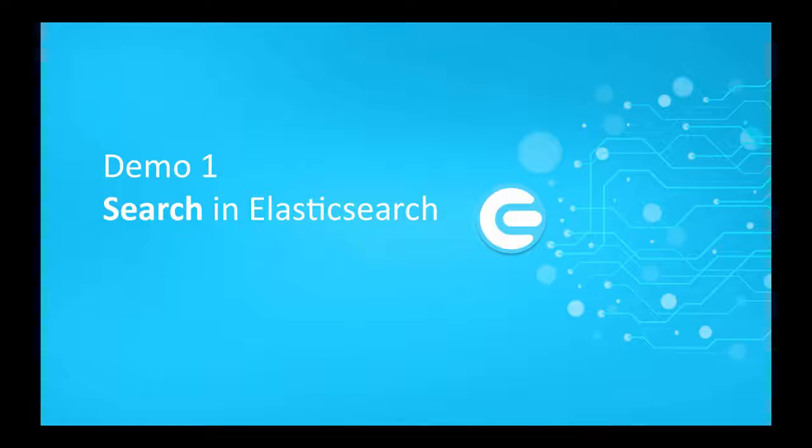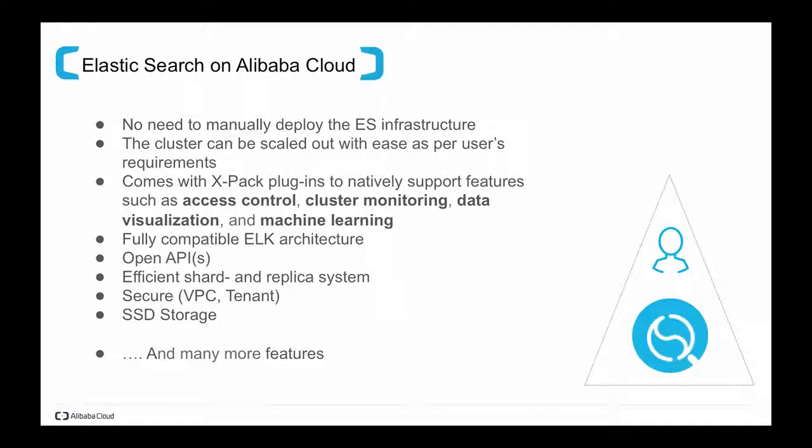So moving ahead, now we are going to look at Elasticsearch on Alibaba Cloud. Now you might ask, why would I want to launch Elasticsearch on Alibaba Cloud? If you remember, we talked about the infrastructure components, and if you were to deploy an Elasticsearch cluster, you would have to manually deploy each of those functions, which is a cumbersome task to say the least.